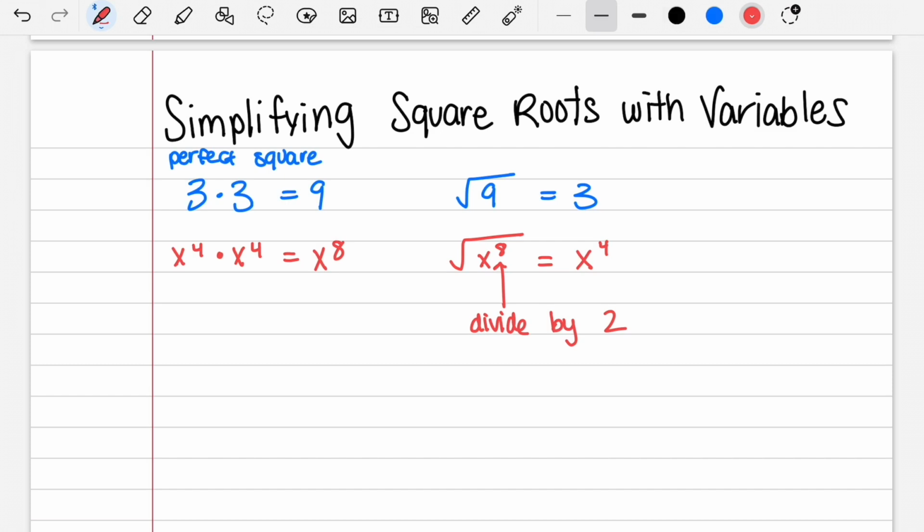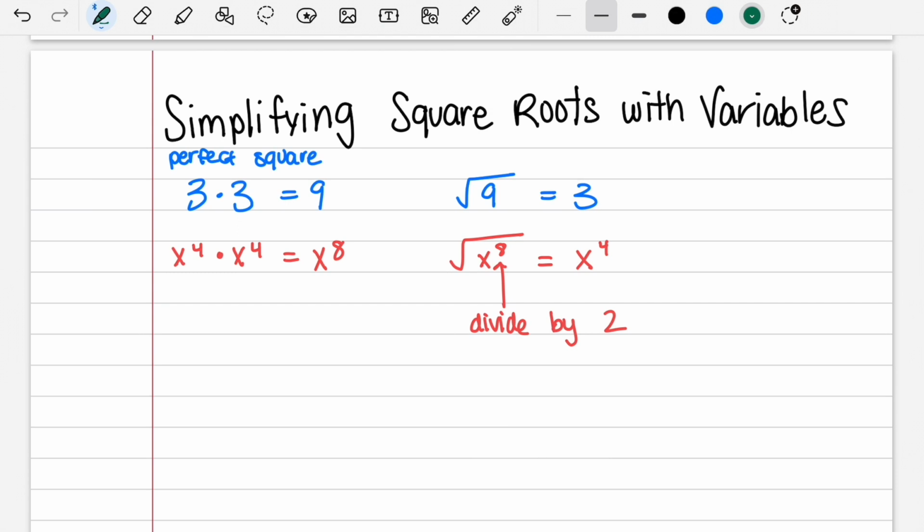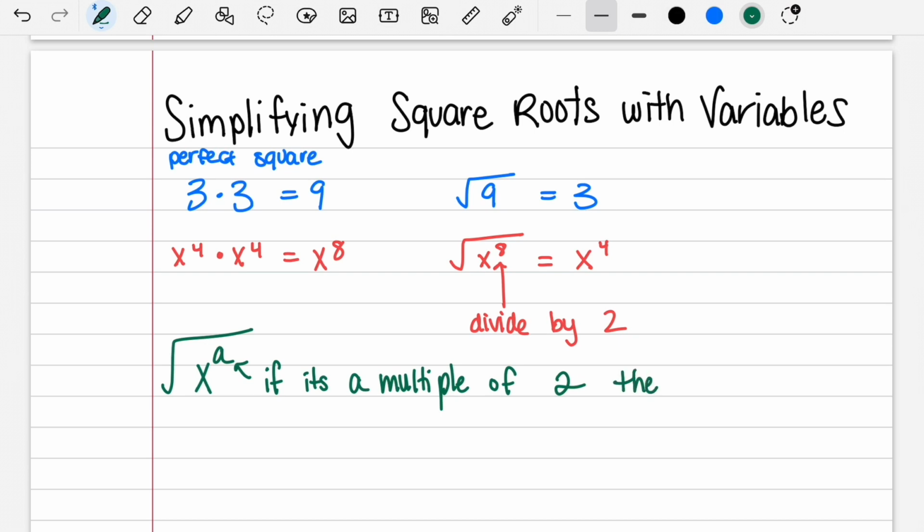So if I had x to the power of a, for example, this can be our new rule. So x to the power of a, let's say it's on the inside. If it's a multiple of 2, then we halve it.